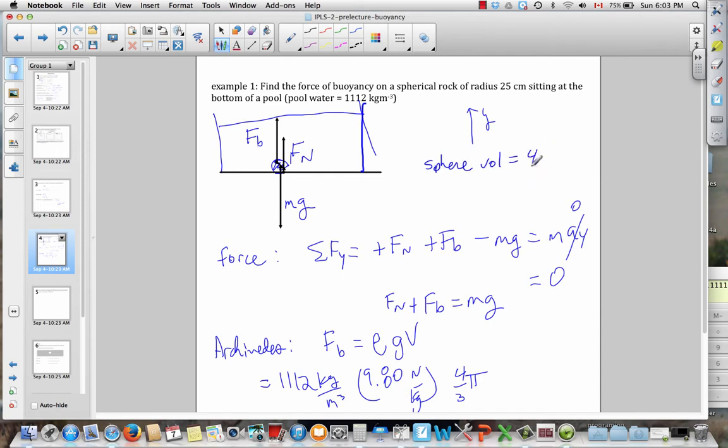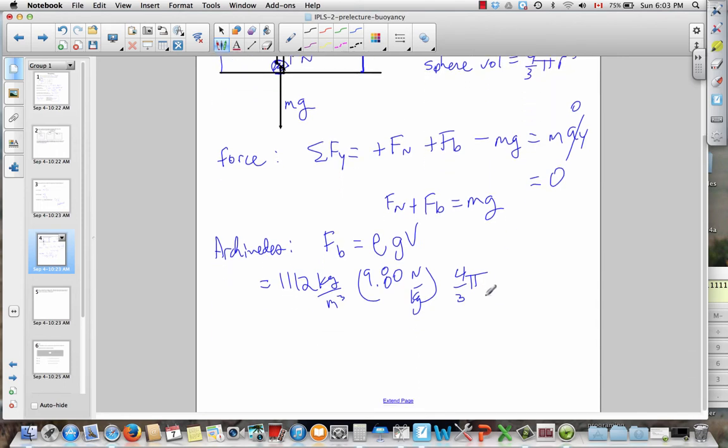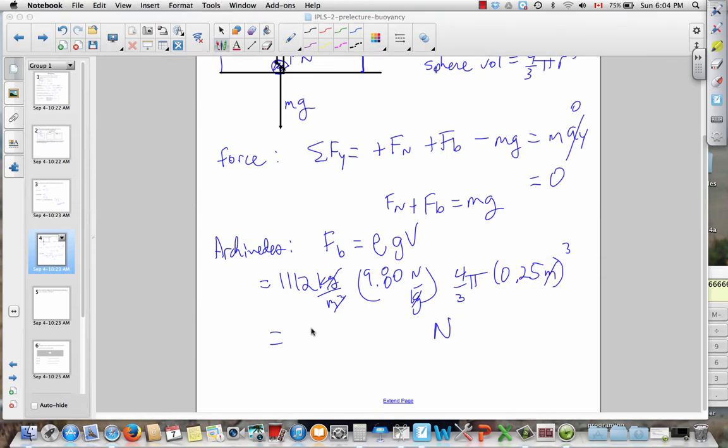So I'll write the formula for the volume of a sphere, 4/3 pi r cubed, and substitute in the 0.25 meters all cubed. Unit-wise, kilograms cancels. The meter needs to be cubed, as well as the 0.25, so that would cancel out that meter cubed. And the unit that would survive is newtons. That's good because it's a force. Now let's work out what that force magnitude is. So there we see it's 713 newtons of force.